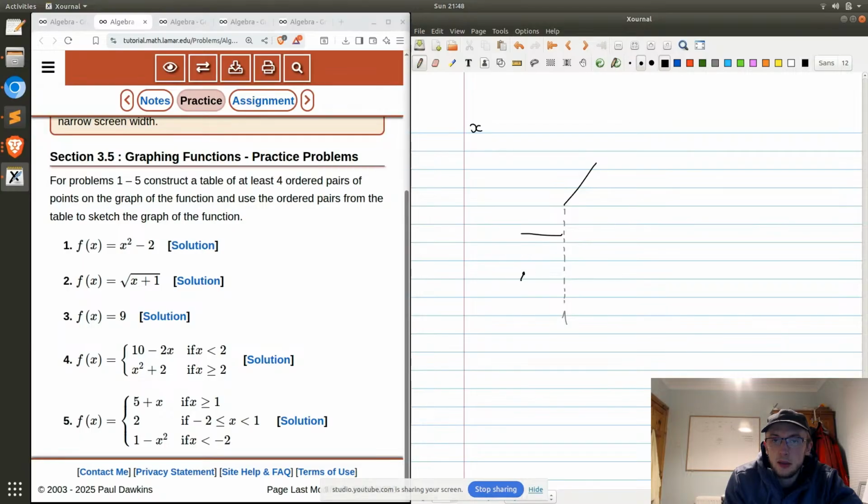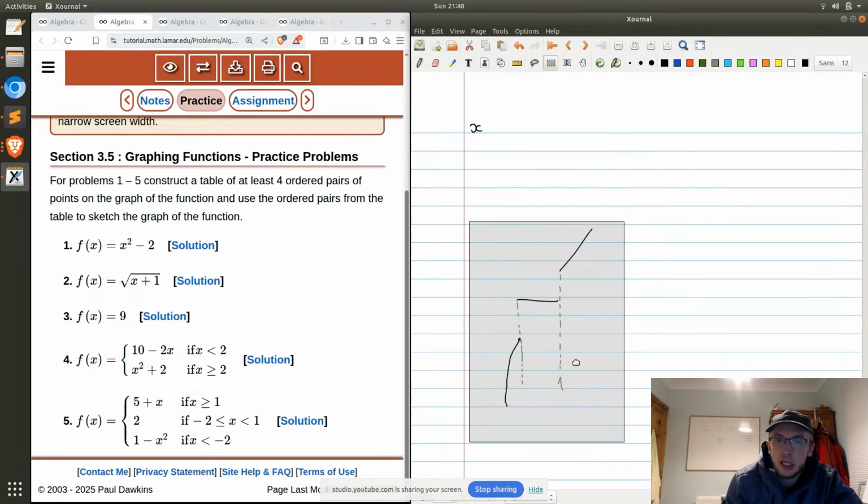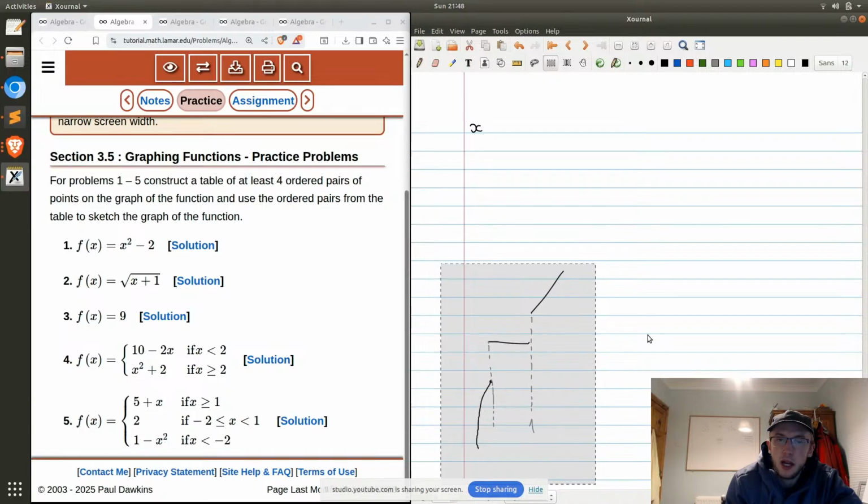So it'll be down there like that. Okay, so we have in our minds now a fuzzy picture for how it should look. So now we need to think about what are appropriate input values.